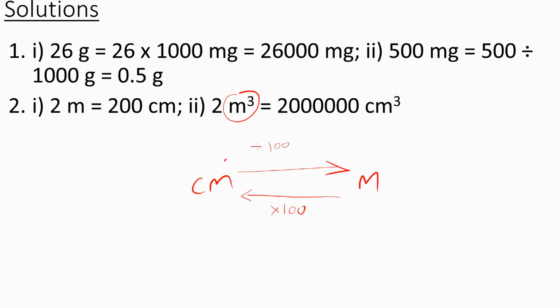So if I want to go between centimeters cubed and meters cubed, we need to divide by 100 cubed and times by 100 cubed. 100 cubed is 100 times 100 times 100, which is 1 million. So if I want to change meters cubed to centimeters cubed, you need to times by 1 million.